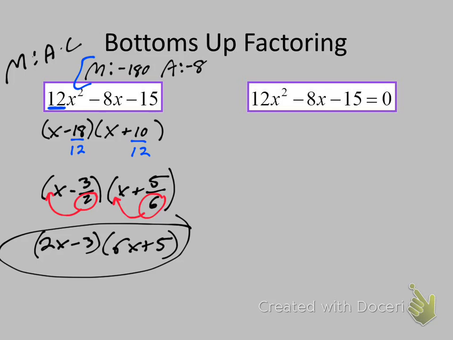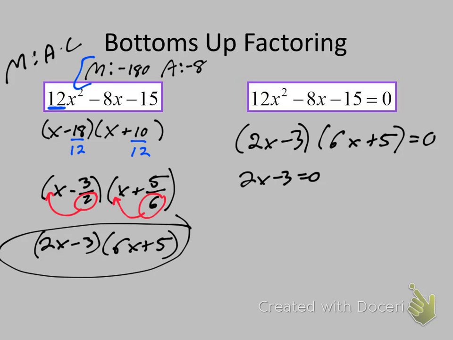Now your second one here on the screen, 12x squared minus 8x minus 15 equals 0. Same setup, except this one is an equation which we solve. But it factors the same way. So I'm going to pick it up from there. We have 2x minus 3, 6x plus 5 equals 0.